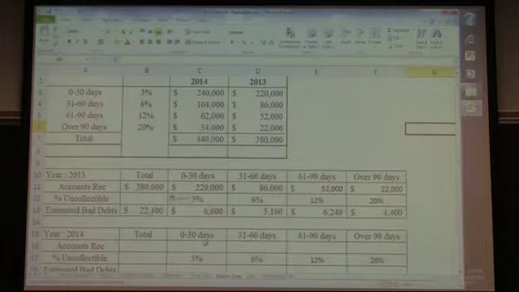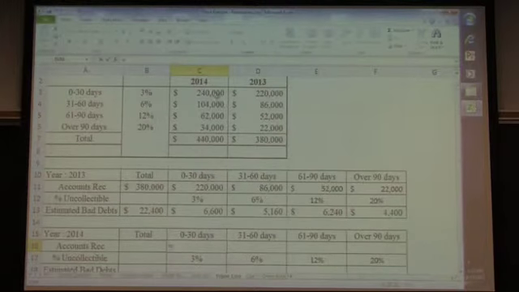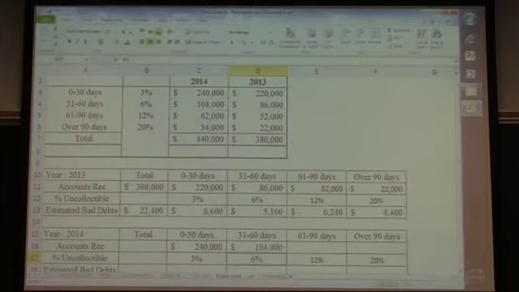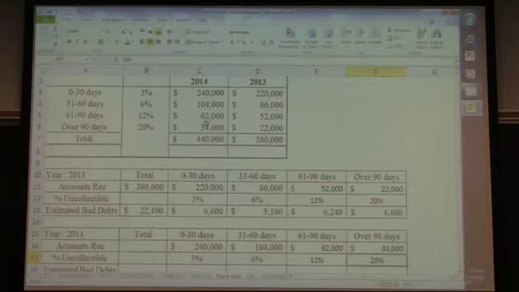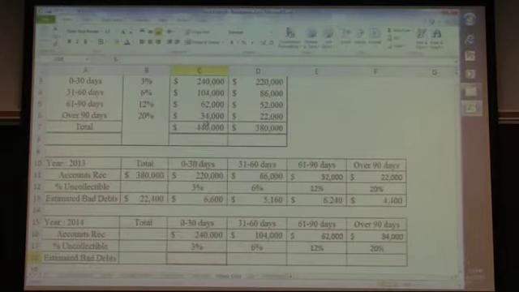I would do the same thing for 2014. I would again copy from what I've got earlier, and again do the same thing for the estimation.